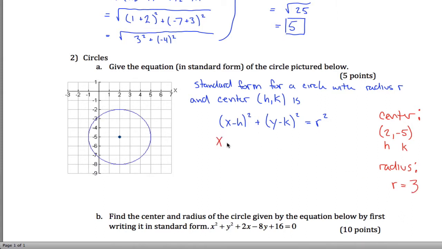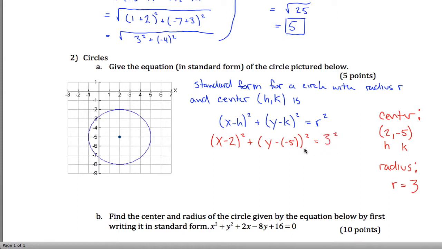You get x minus h, which is 2, squared, plus y minus k, y minus negative 5, squared, is equal to r squared.